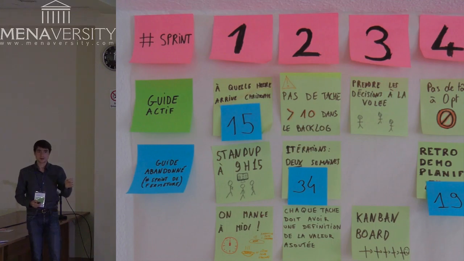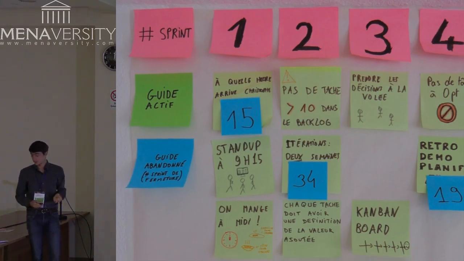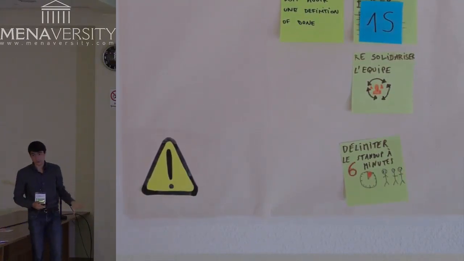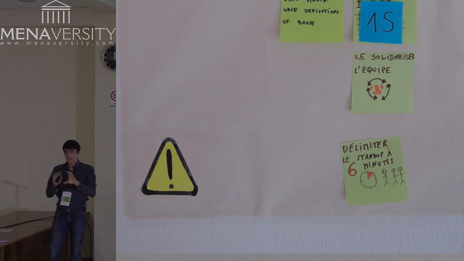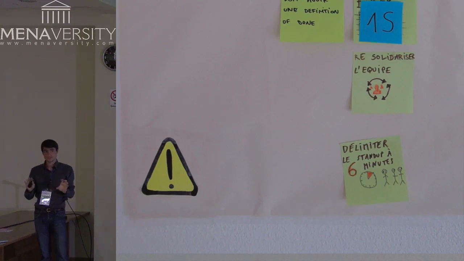If you had a hard time during this iteration to follow one of the guides your team edicted, you just put it downwards. There's a special row at the bottom of the guide board which says, warning, we had a hard time following this rule. So this has two effects.